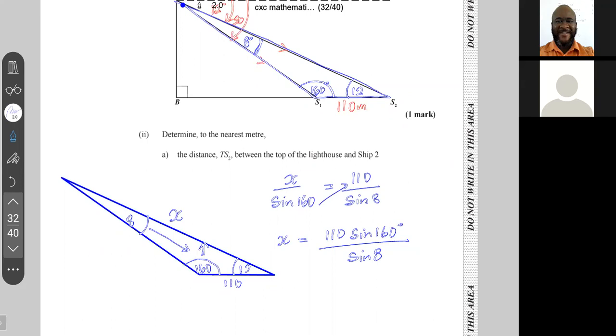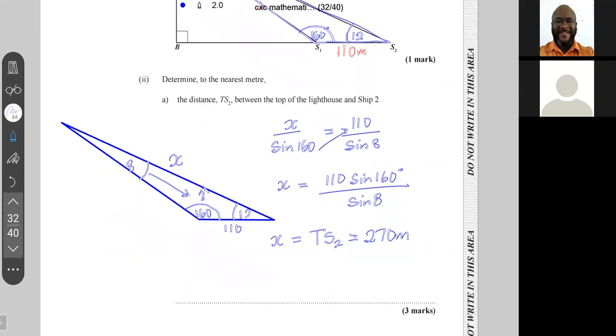All right, and I have 270. And they said they want the answer to the nearest meter. So X, which is TS2, is equal to 270. And the distance is in meters.